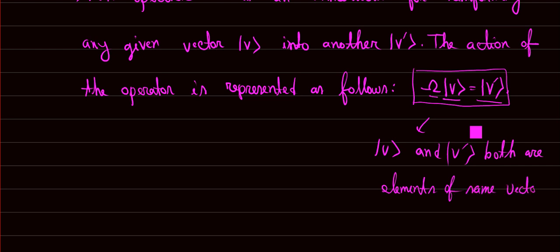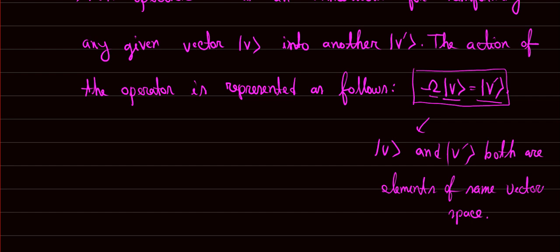So we will not talk about operators that take a vector and transform it into another vector that is an element of a different vector space. In our course, we will only talk about the operators that transform the vectors in the same vector space.